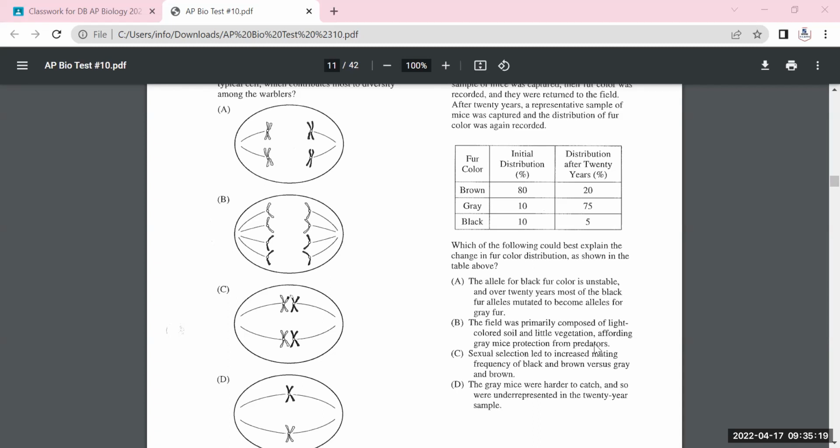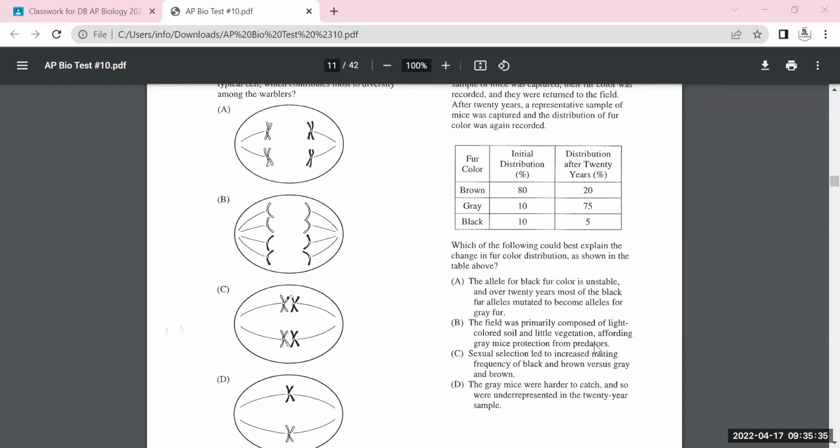Quite a bizarre statement. B, the field was primarily composed of light-colored soil and little vegetation, affording gray mice protection from predators. Yes, that is probably possible.